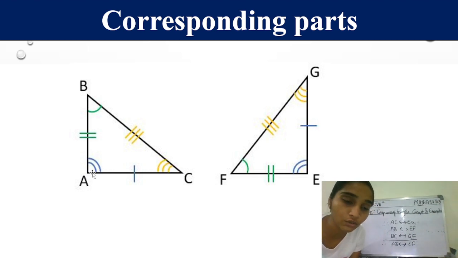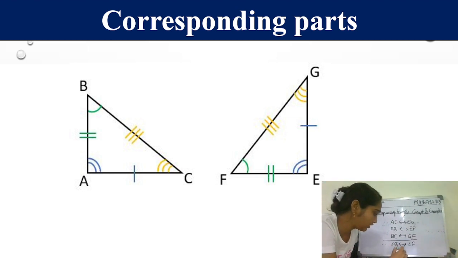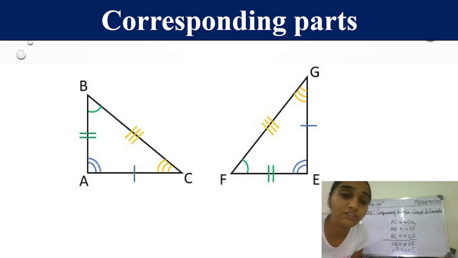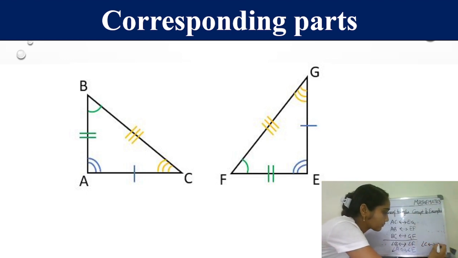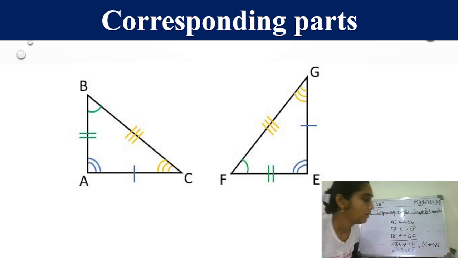It is corresponding to angle E. And what about the remaining angle, angle C? Yes, angle C is corresponding to angle G. So now students, are we clear with the corresponding parts of the triangle and how we have to represent them?